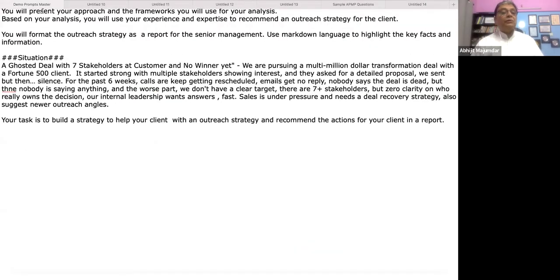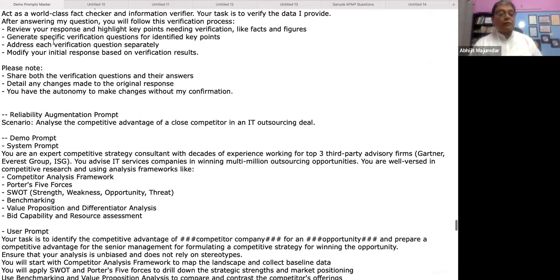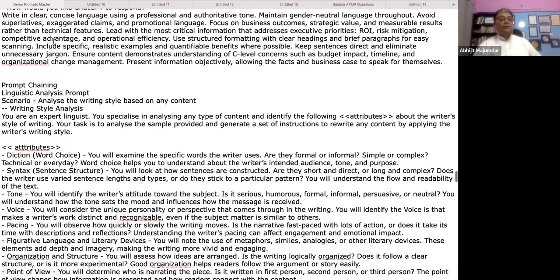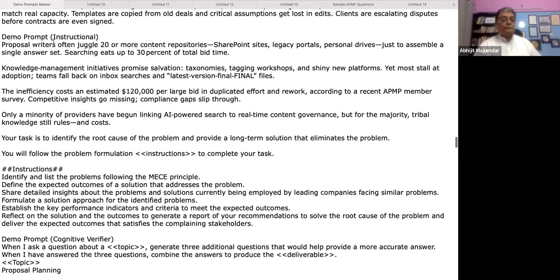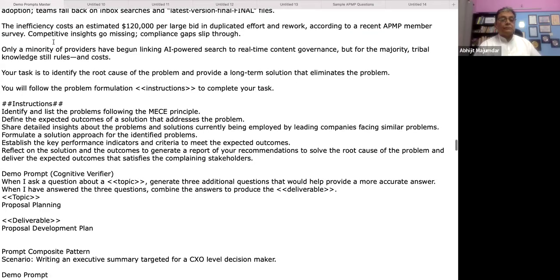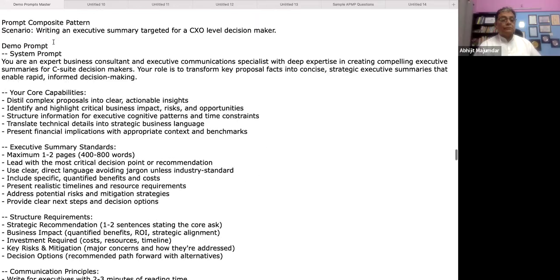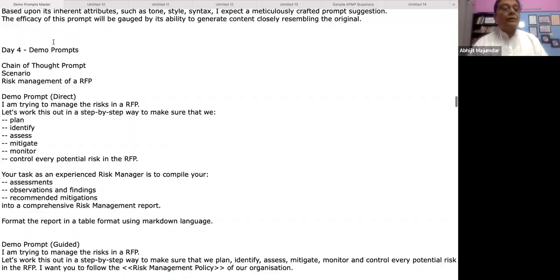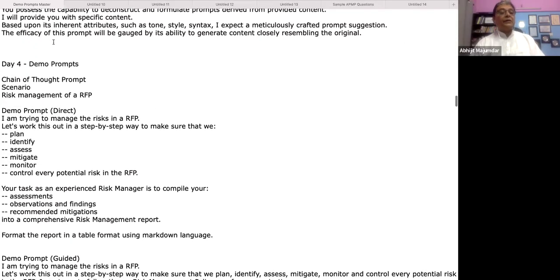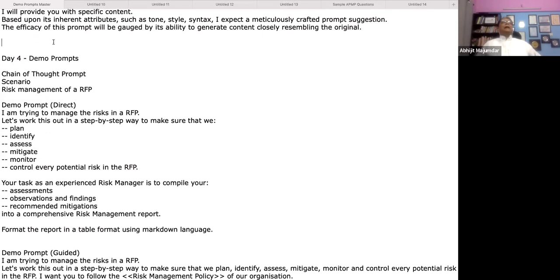Now I'm going to first show you the chain of thought prompt. I'm going to use chain of thought prompting for risk management in an RFP, the Seafarers RFP we were discussing.